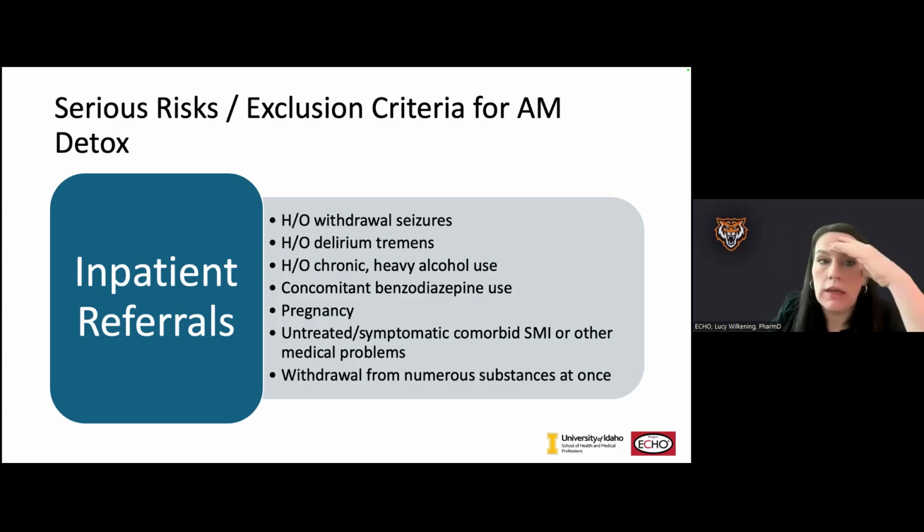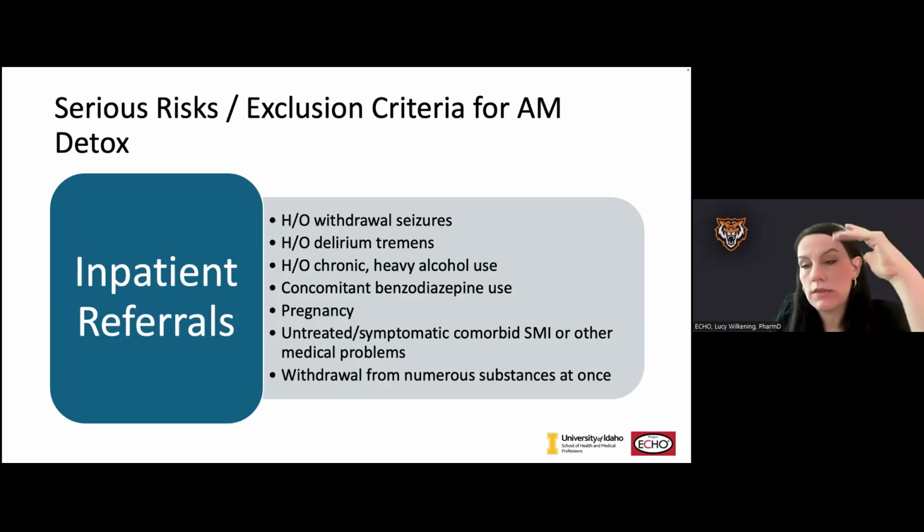So, for example, if that patient has cardiovascular disease and their blood pressure is already reading at a very high level, right? That combined with alcohol withdrawal, it's just not super safe to manage that on an outpatient basis. The other thing that can present challenges is withdrawal from numerous substances at once.